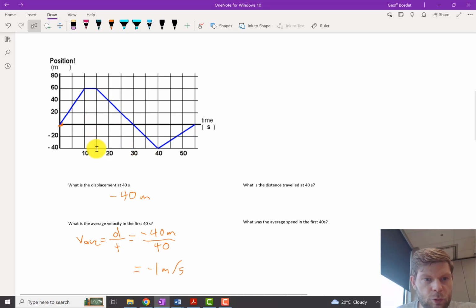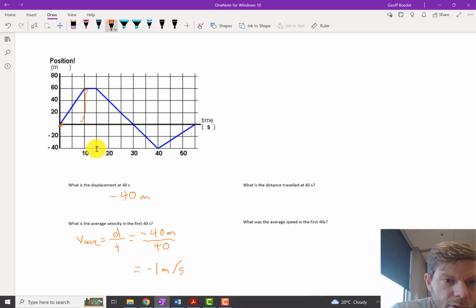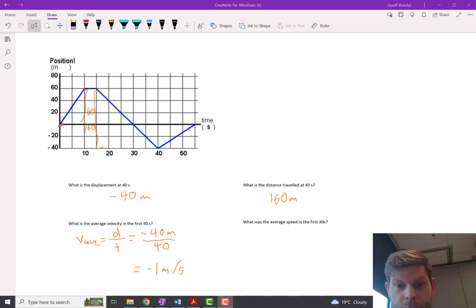From 60 to negative 40 is 100. If I add this up, we've got our 60 and our 100. I went 160 meters in the 40 seconds. That's what I record if I'm doing my run.